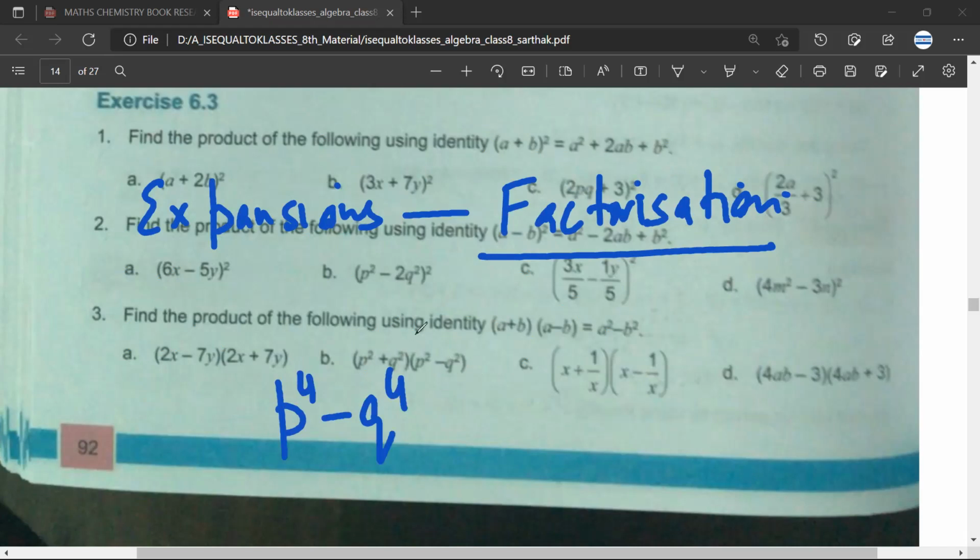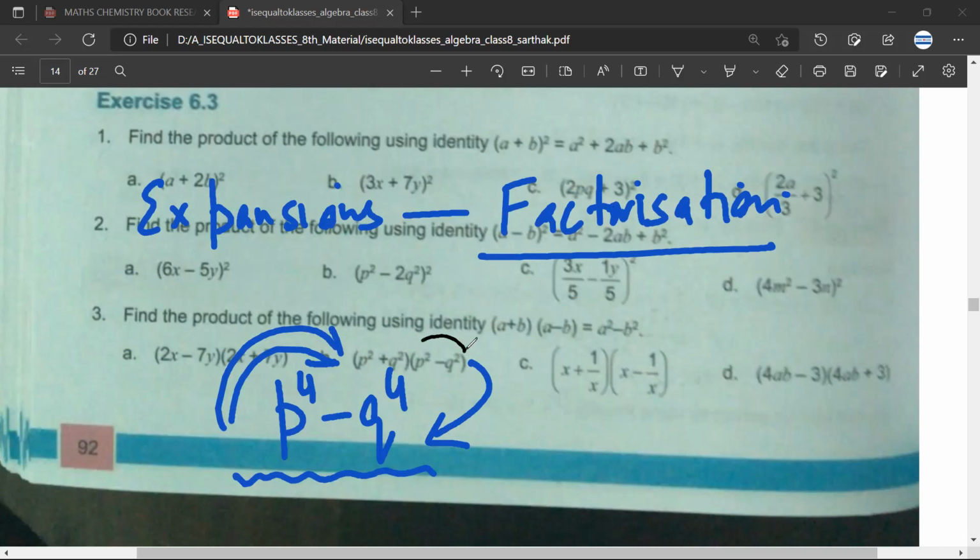So, for example, now in this chapter we are going from here to here, but in the next chapter we will be given this, and we will have to factorize this as this. Have you understood, Sarthak? Yes, sir. So this is what will be happening in the next chapter.